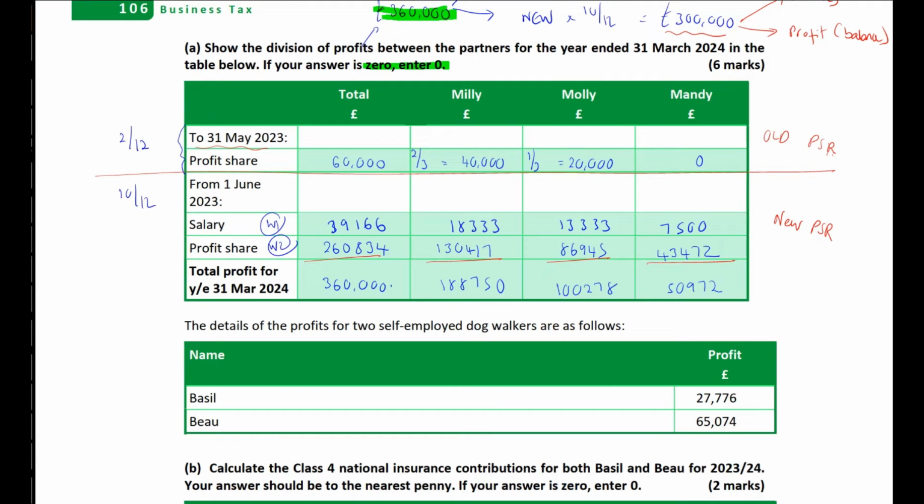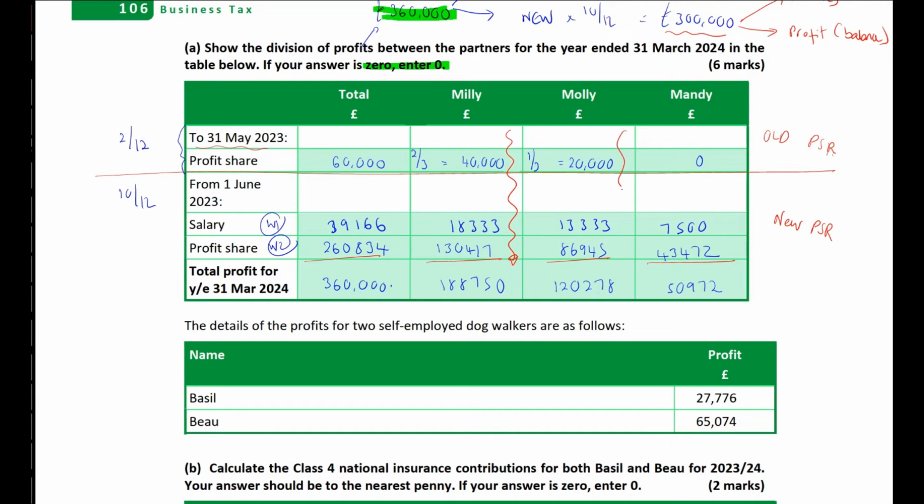I think I've missed something in that one. Let me just add that one up again. £20,000 from the first bit, which I almost forgot. There we go. So it's a subtotal of all the profits and the salaries over the entire year.